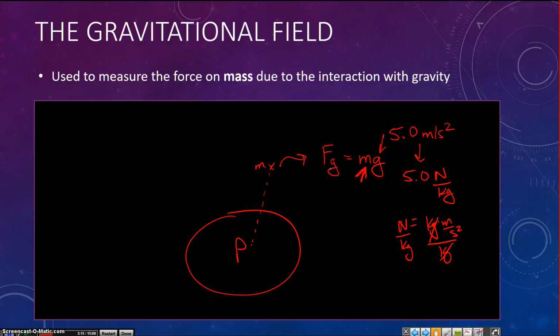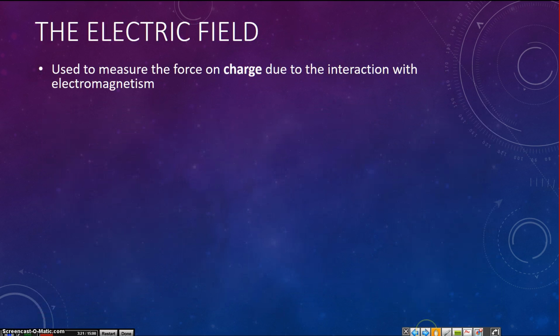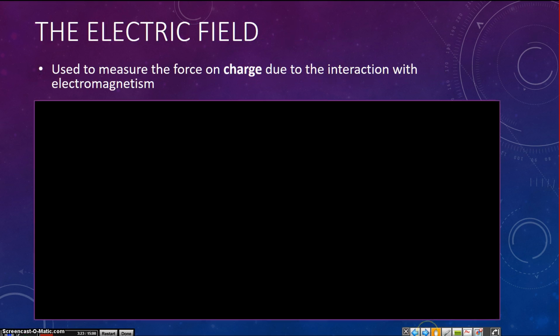And we're going to see something very similar to this when we talk about electricity. So if we have an electric field, we can also use it to measure or calculate the force on a charge due to interaction with this electromagnetic force. So instead of having a planet, maybe we'll have a positive charge right here.